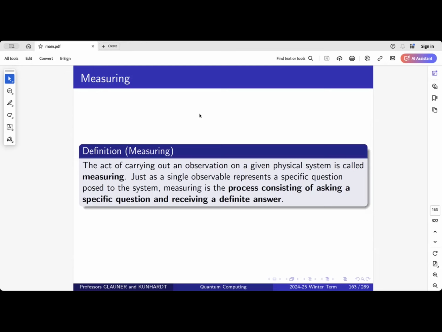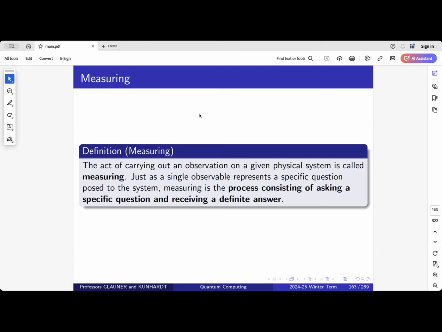But if you repeat that experiment, doing the same experiment from scratch, and you measure again, it could, for a few instances, be that you measure a 0, because there was some amplitude for the 0 and our qubit is in both 0 and 1 at the same time. And when you repeat the experiment, you don't necessarily get the same answer as before.